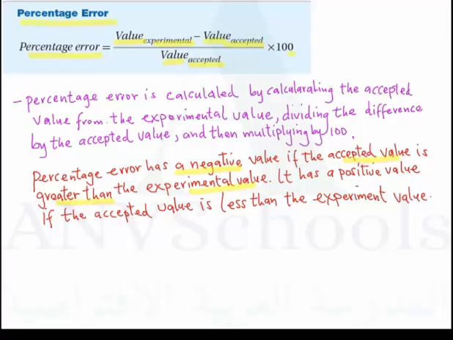Two, it has a positive value if the accepted value is less than the experimental value. So you would expect it to be either positive or negative.